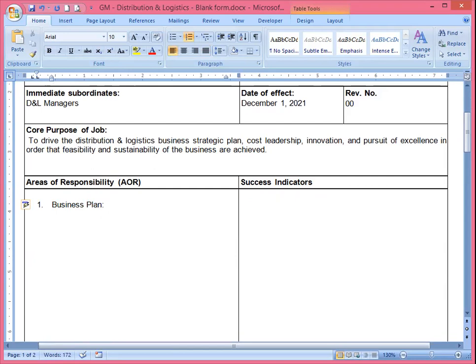And then we just say ensure, it always starts with the word ensure, okay, that business plan is drawn up in line with the organization's business. All right. Goals and objectives.